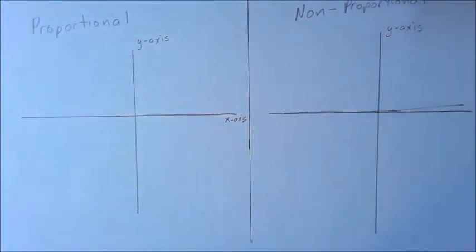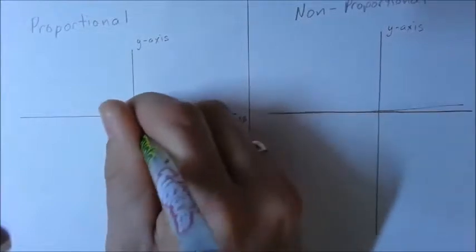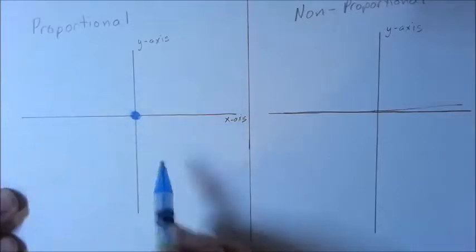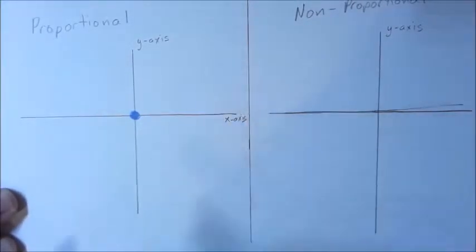Now, think about, well, what is the difference in a graph when we're looking at them? So one of the things we know about proportional is that it runs through the origin. So I'll use a little bit of color here. I'm going to put one point right here on the origin. And then what we can do is we can go ahead and put a point anywhere else. You can make it negative slope and go down. You can make it a positive slope and go up. It's up to you.